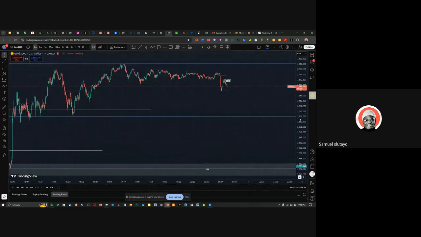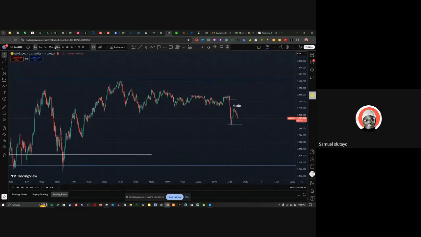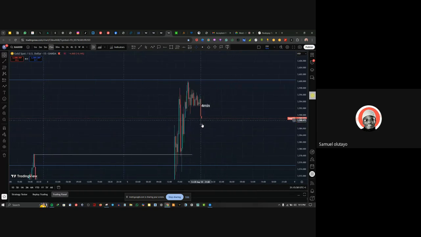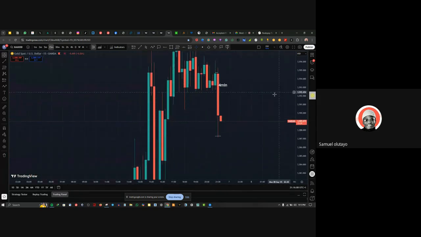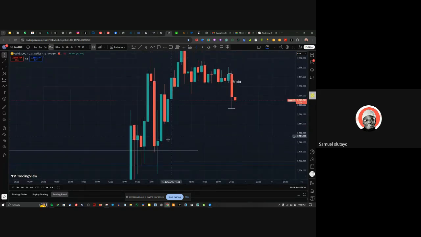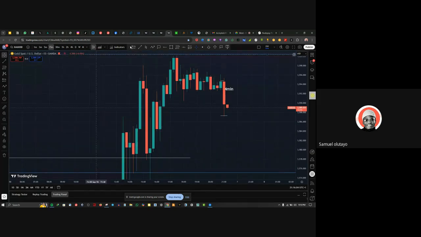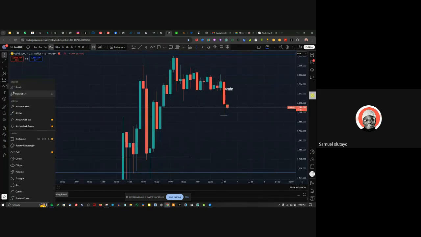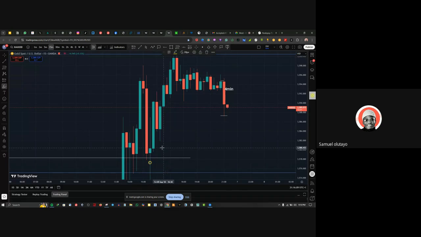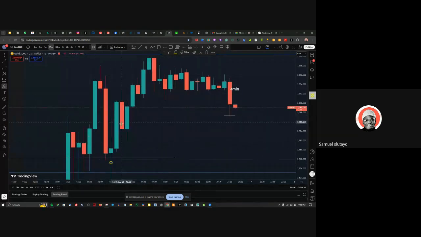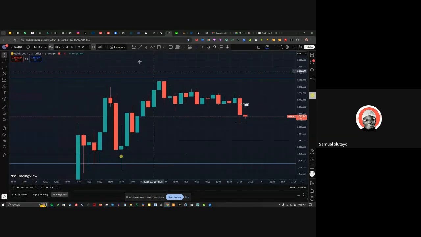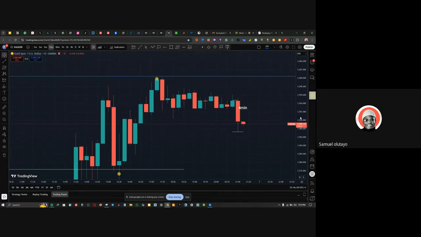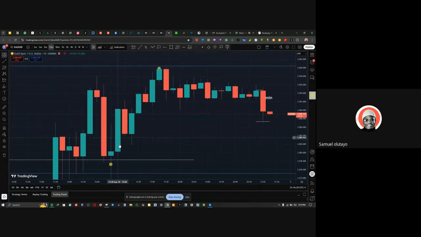Now, for the other ones, we have day traders. Day traders, they take a bit more time. So day traders will be trading mostly in the 15 minutes or in the 5 minutes candles. Meaning that if they enter a particular trade, say for instance, they enter a trade here. Are we together now? And they tell the trade, okay, once you get to this point, I'll take profit at this level. Now, this is how many minutes? 15 minutes, 30 minutes, 45 minutes.